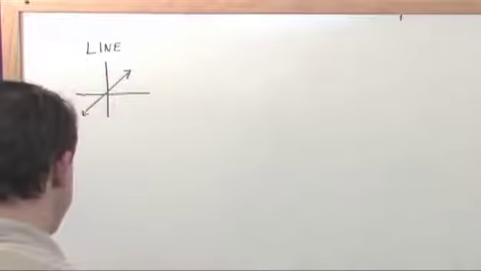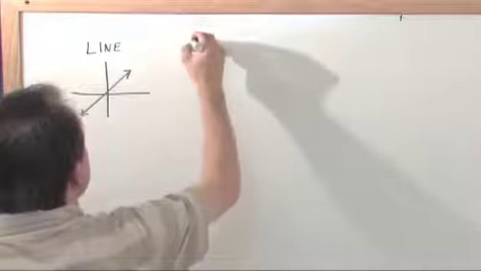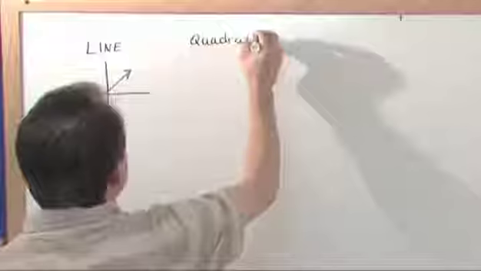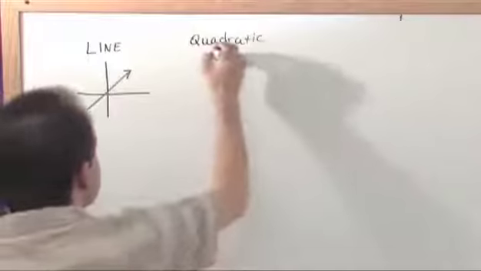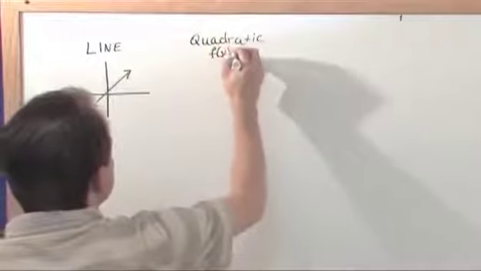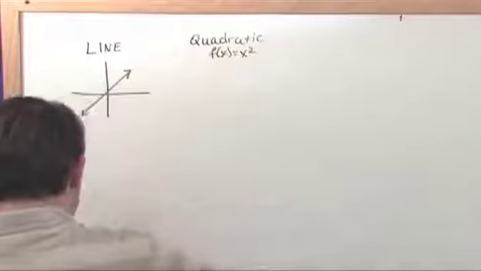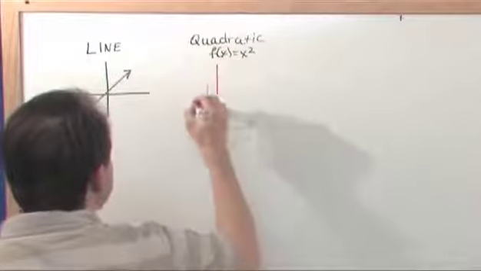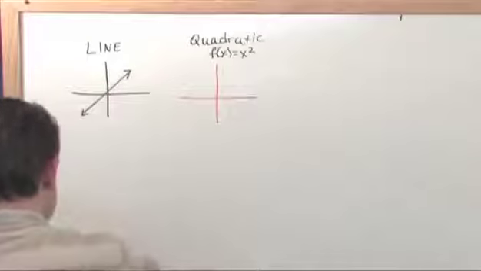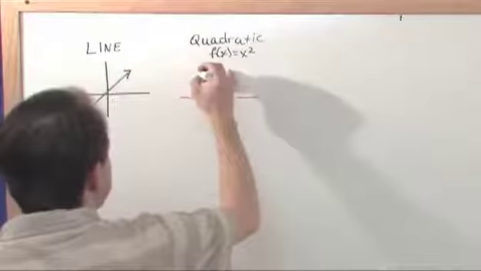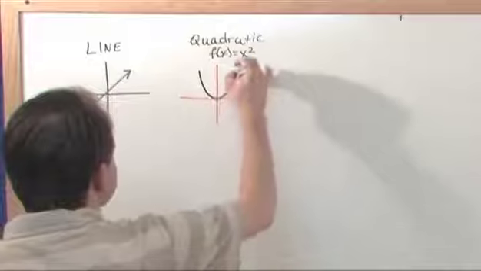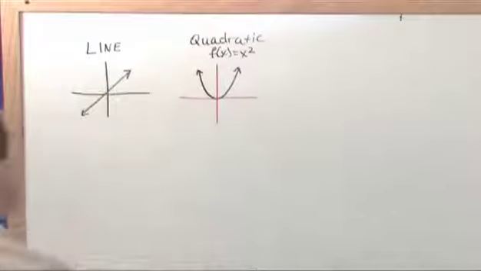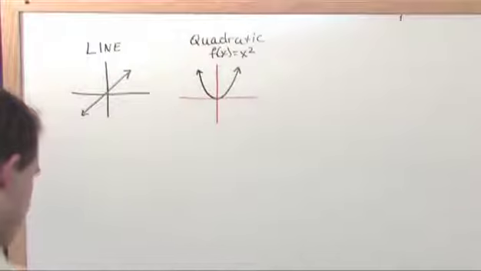The graph of a basic quadratic looks like this. And when I say a basic quadratic, something like f of x is equal to x squared. That is going to look like, if here's your axis here, okay, the basic one will look something like this. So it goes on and on forever up like this, and it bottoms out, and that's a basic quadratic, okay?